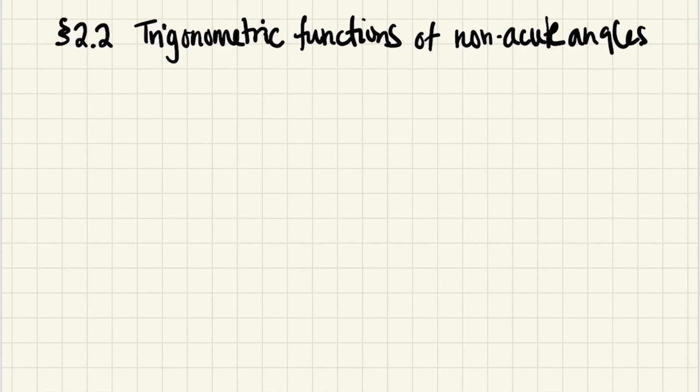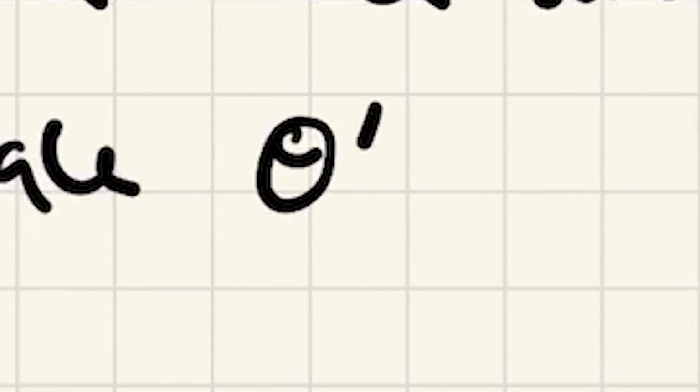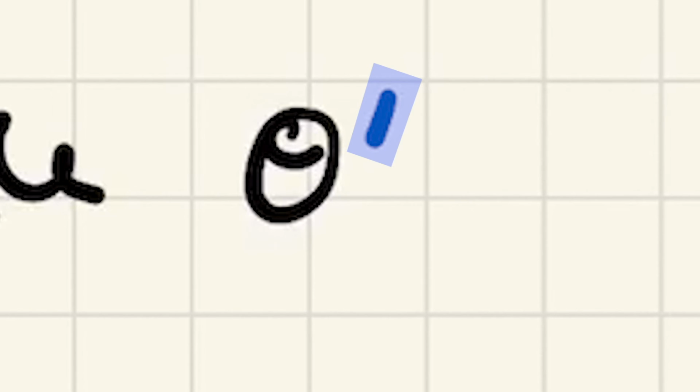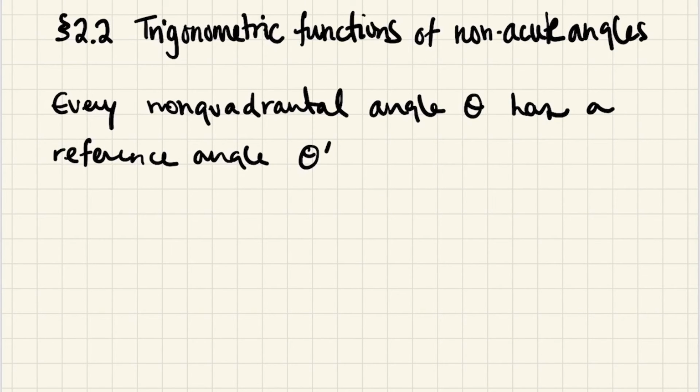So let's define it. Every non-quadrantal angle, say theta, has a reference angle, and we'll denote it with theta apostrophe. In math, that's often called a prime symbol. And what is a reference angle?